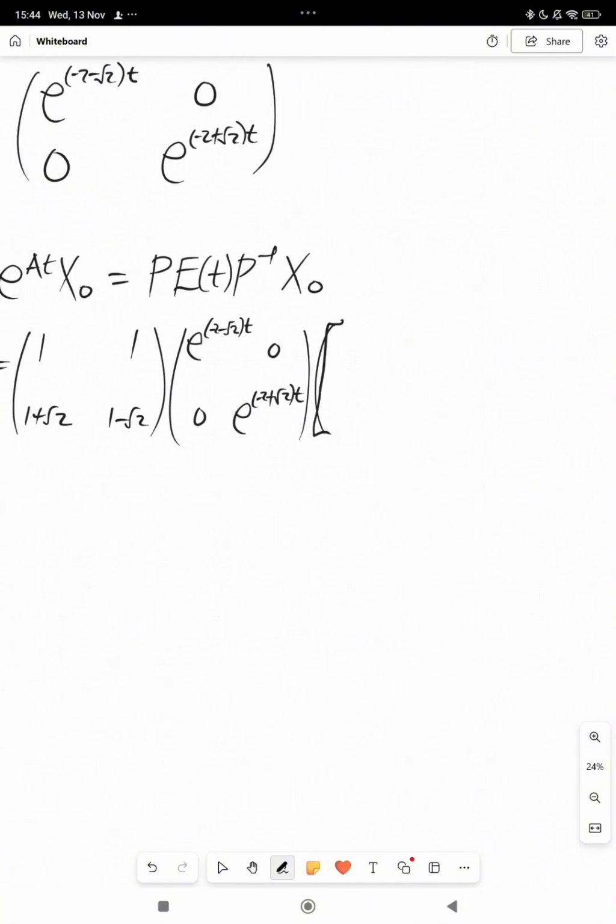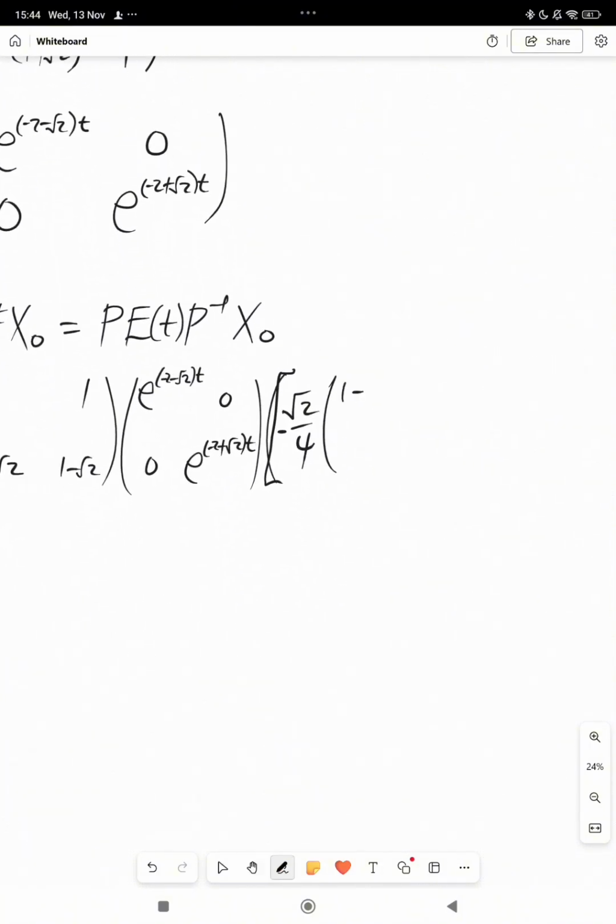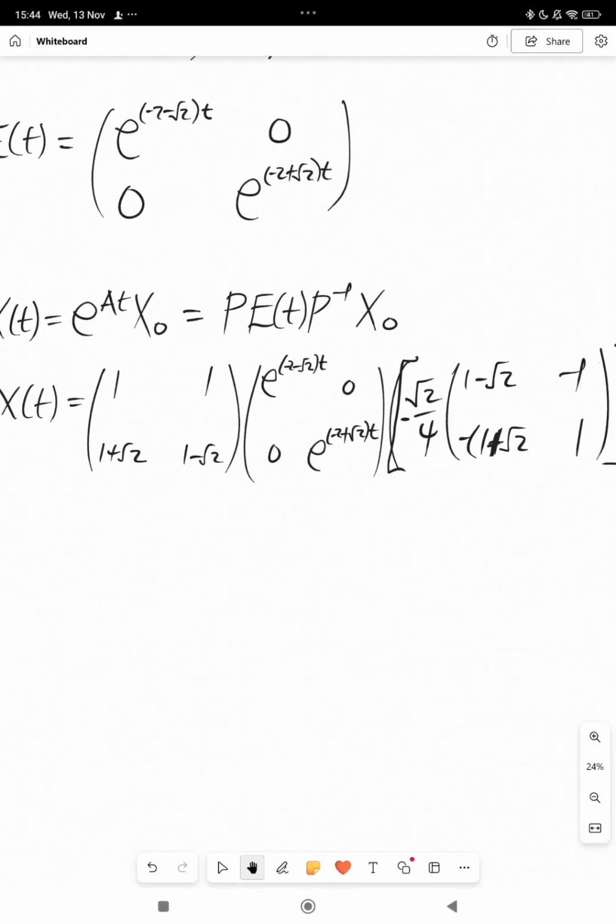So our P inverse is given by minus root 2 over 4, sorry, and we have 1 minus root 2, minus 1, 1, and minus 1 plus root 2. So multiplied by x naught. So this is our solution.